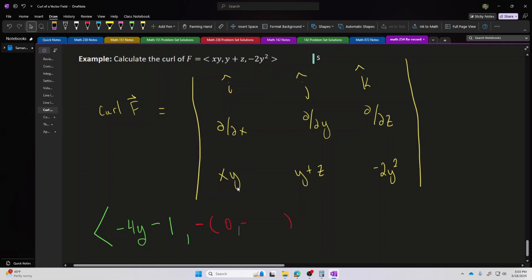And since there are no z's here, that's going to be 0 as well. And then finally, the z component, the partial of y plus z with respect to x is going to be 0 because there are no x's there. And then we are subtracting the partial of xy, so that's going to be a subtracted x from that.